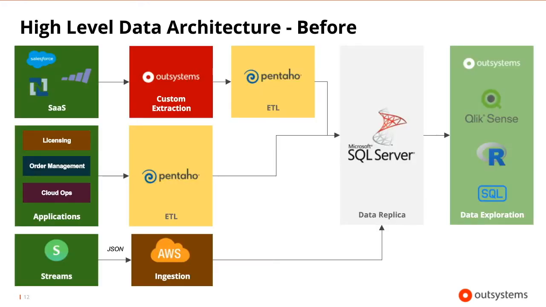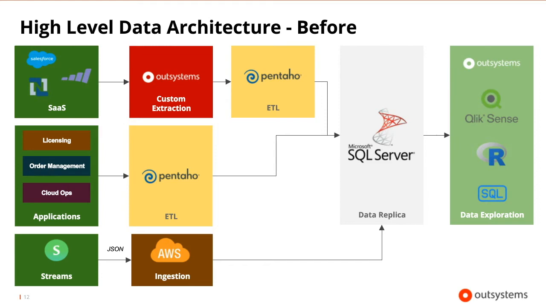So in 2013, we had a first attempt at trying to address this. Like I said, our ecosystem is mostly apps built with our own platform. We also have a number of SaaS systems, and our idea was to show the value of consolidating data from all of these sources in a single repository that would be easily queryable.